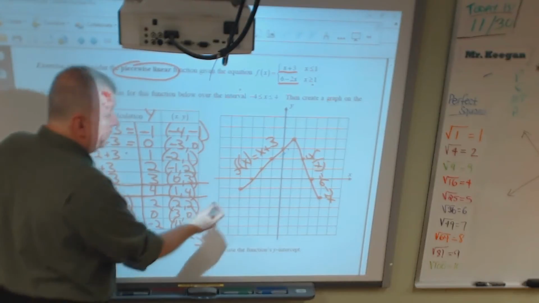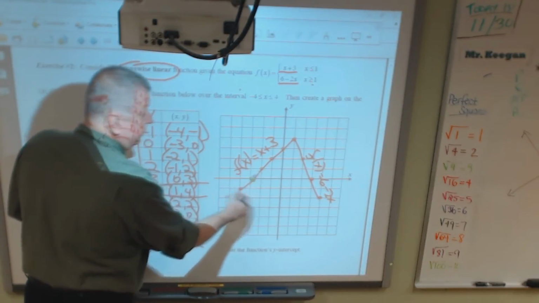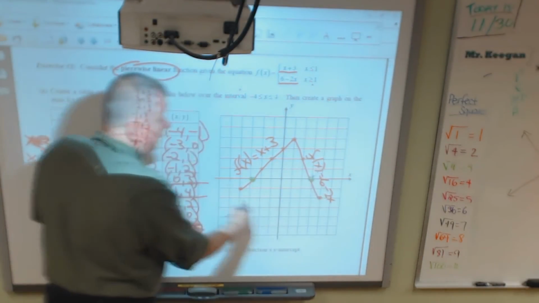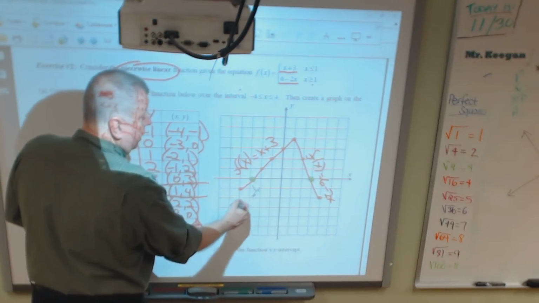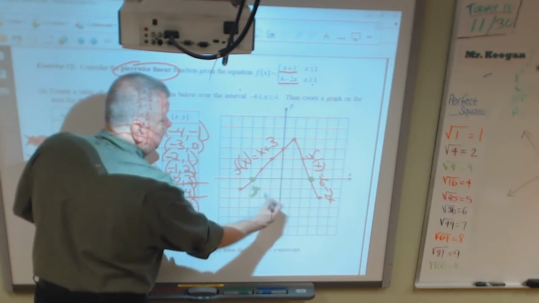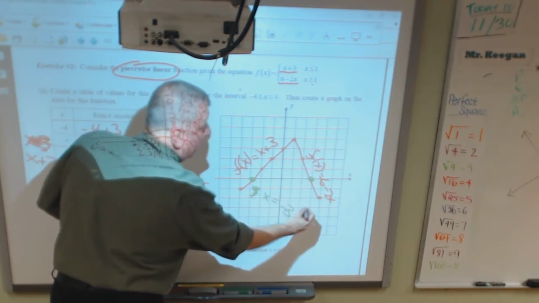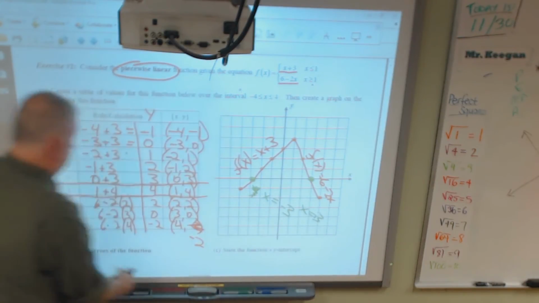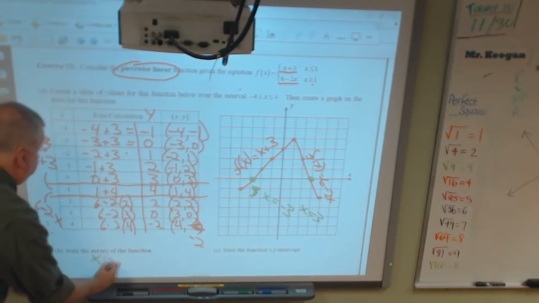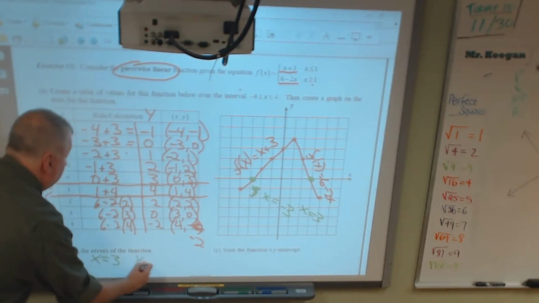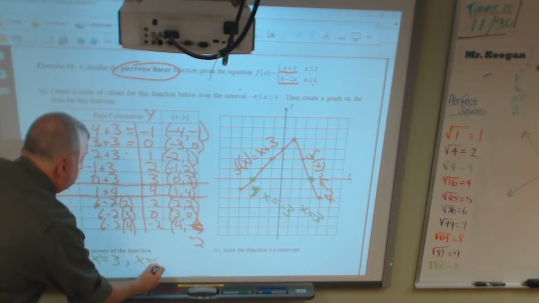The y is equal to 0. Basically, where it crosses the x-axis. So what's the value of x right there? -3, and this is +3. So x equals 3, and x equals -3.